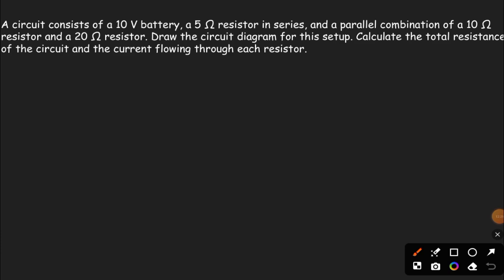A circuit consists of 10 volt battery, a 5 ohm resistor in series, and a parallel combination of a 10 ohm resistor and 20 ohm resistor. Draw a circuit diagram for the setup. So this is a question you need to take step by step. A circuit consists of 10 volt battery and a 5 ohm resistor in series. So we are just going to take that. So this is your cell or battery and your resistor in series, 5 ohms.